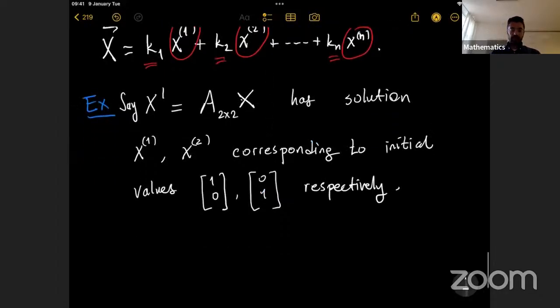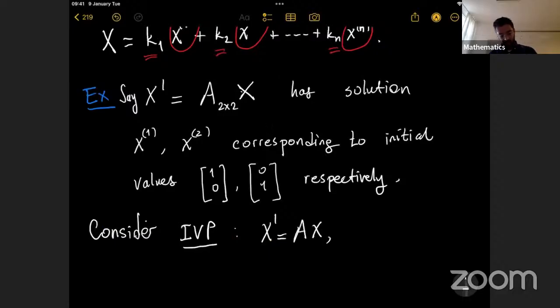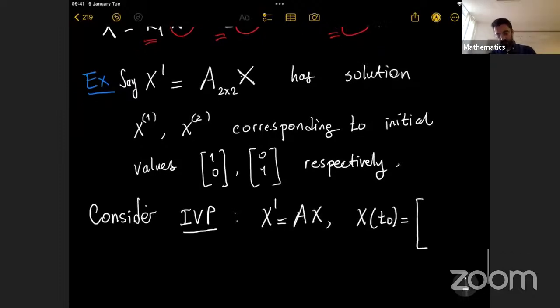Then take any other initial value, and consider the IVP, for instance X prime is equal to AX, and X of t0, let's say, is (2, 3).